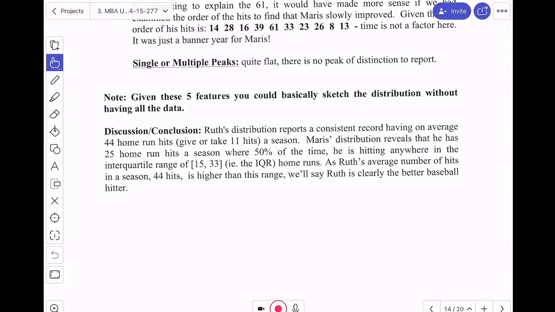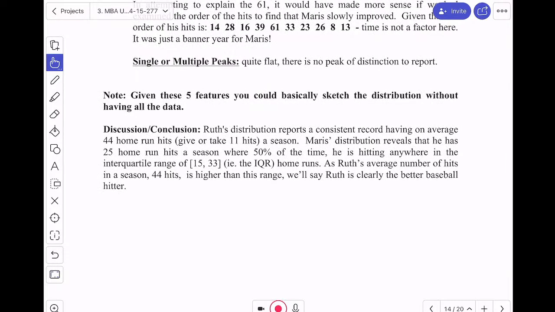Ruth's distribution reports a consistent record, having an average 44 home run hits, give or take 11. So that's how we refer to the plus or minus a season. Maris's distribution reveals that he has 25 home run hits a season, so I rounded up the 24.5 to 25. Where 50% of the time he is hitting anywhere in the interquartile range of 15 to 33 home runs.